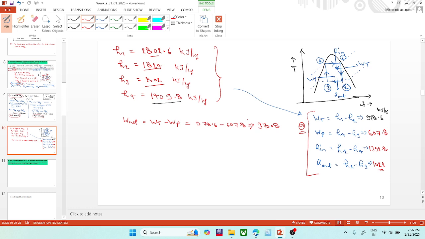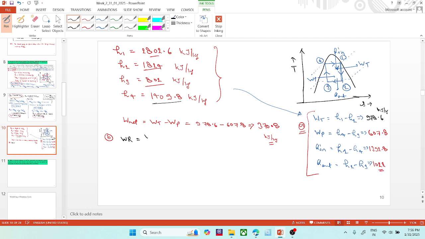If I'm not wrong, 978.6 minus 607.8 gives 370.8. This is the value of W net. The unit would be kilojoule per kg. Now, in the second thing, they have asked us to calculate the work ratio.